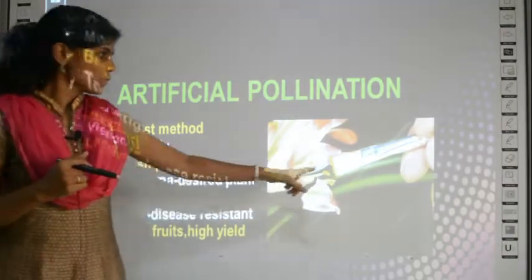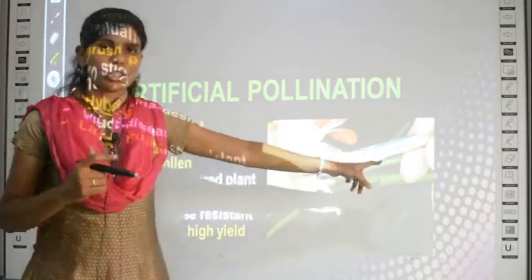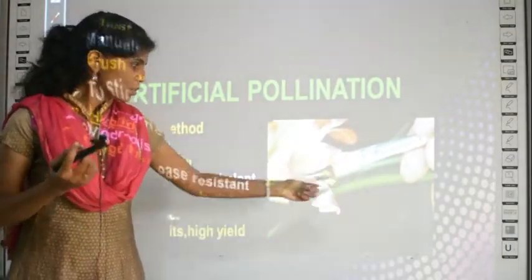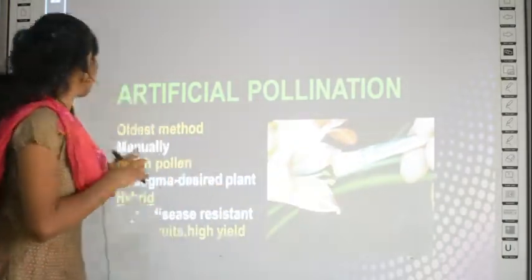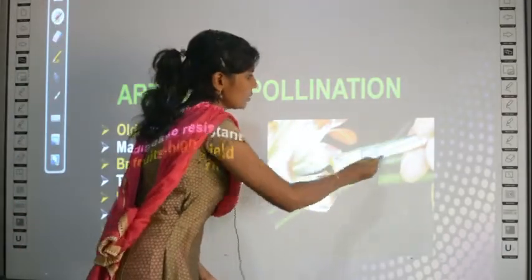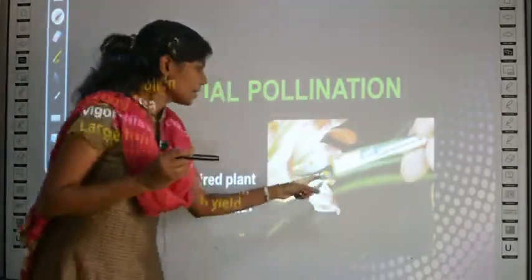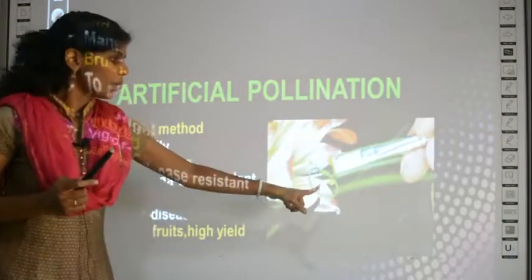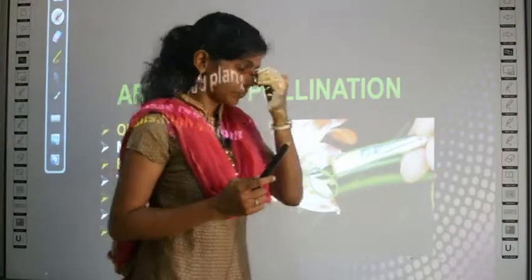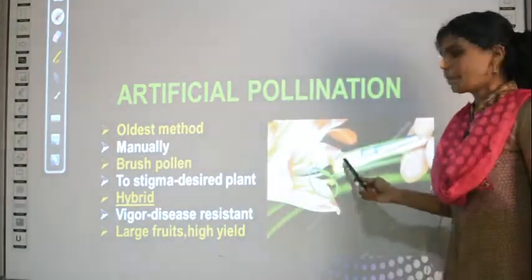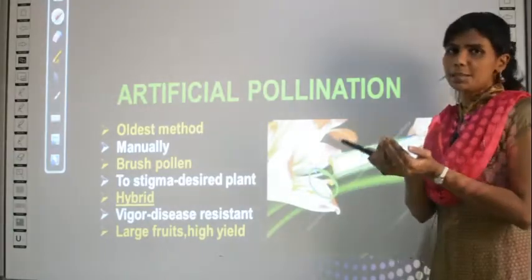See here in this picture, this man has a brush. It is a painting brush, what the kids use, the small brush. Can you see this one? This is the brush and this yellow structure is the pollen. Now what this man does is remove the pollen from a flower and collect the pollen grains.